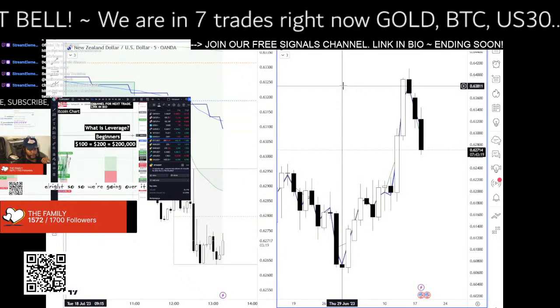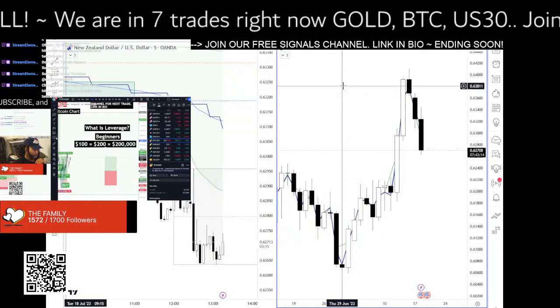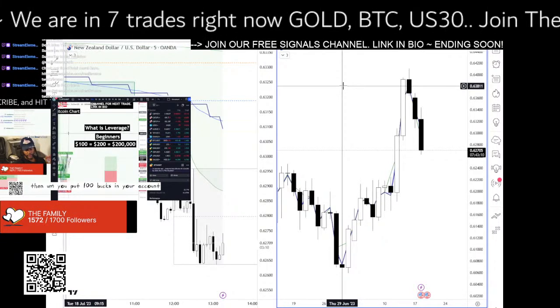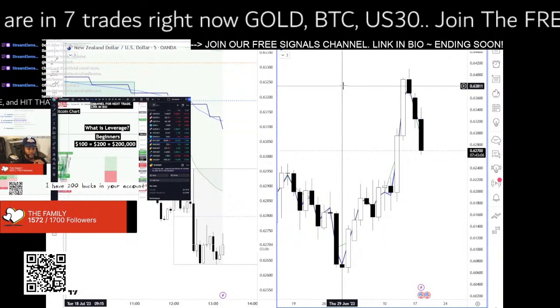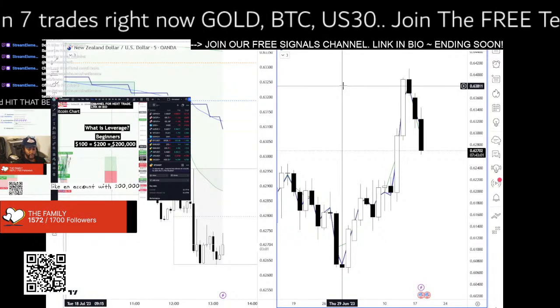All right, so we're going over it. So we have leverage, right? And then you put $100 in your account. They give you 100% bonus, so they double your account. You have $200 in your account, and with the amount of leverage, they let you trade like an account with 200,000.